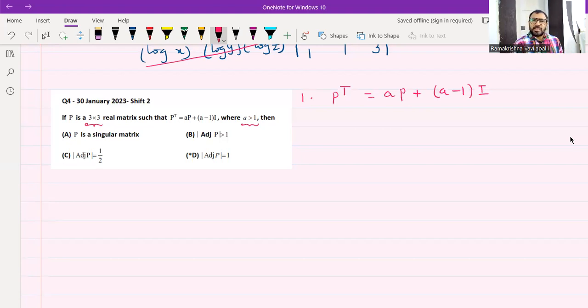But here they have given only one relation, between P and P transpose. But we can bring another relation by taking transpose on both sides, right?